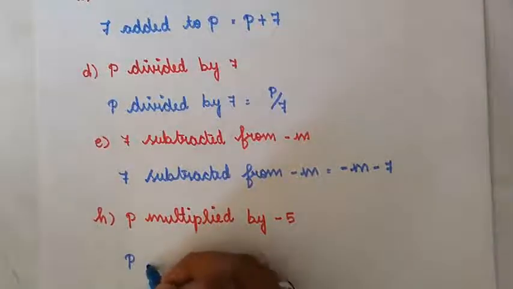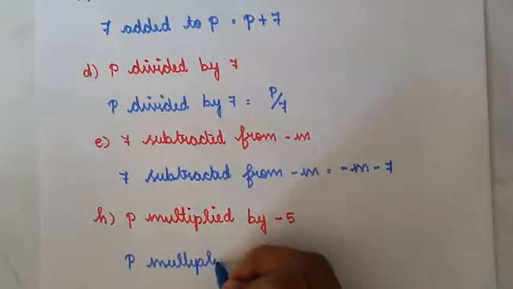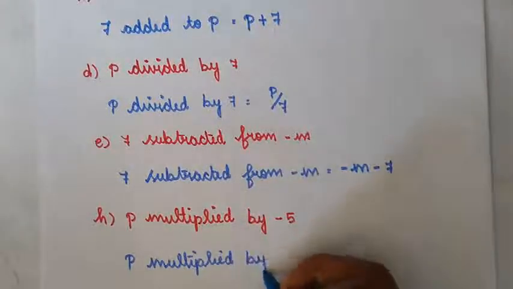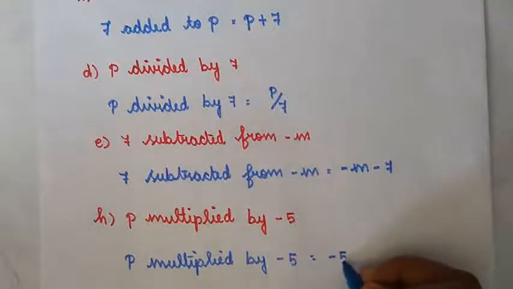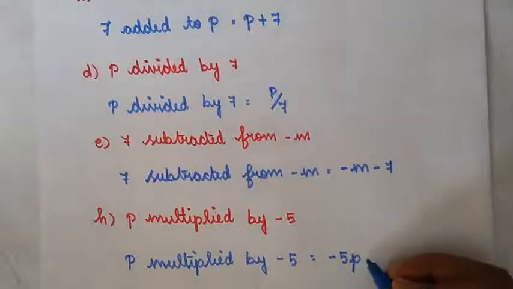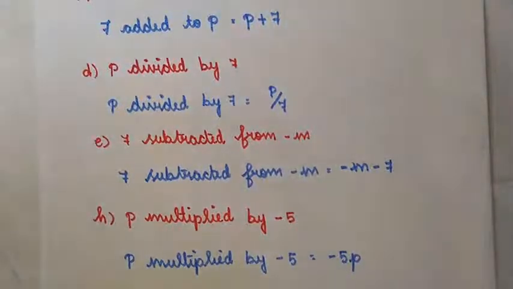So therefore P multiplied by minus 5 means minus 5 into P. We can write it as minus 5P. Okay. Next we have to take question number 5.